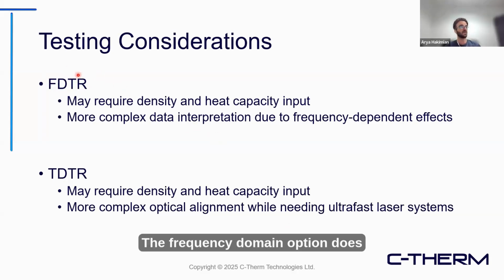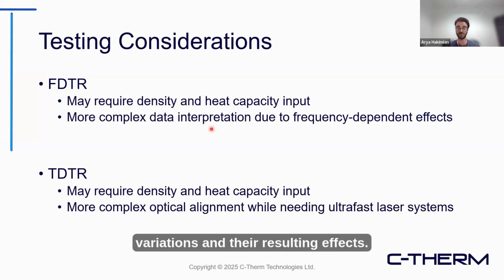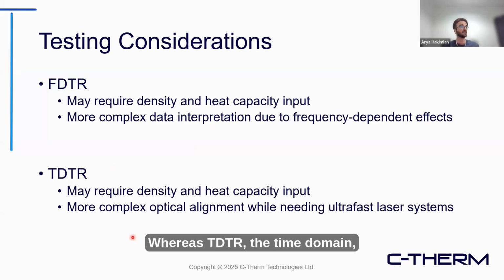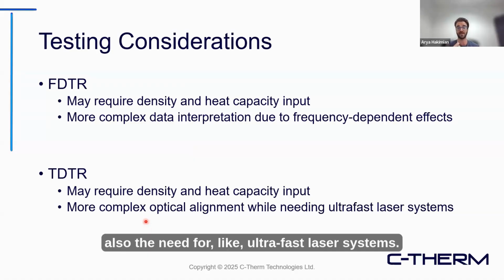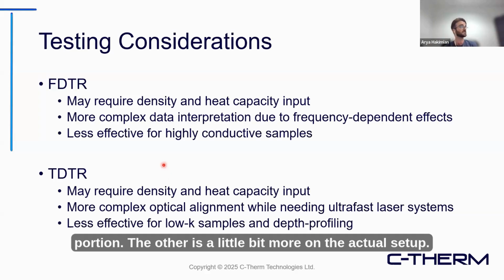The frequency domain option does carry more complex data interpretation due to the fact that we are looking at frequency-dependent variations and their resulting effects. Whereas TDTR, the time domain, has more complex optical alignment and also the need for ultra-fast laser systems. So one is a little bit more complex in the analysis portion, the other is a little bit more on the actual setup.